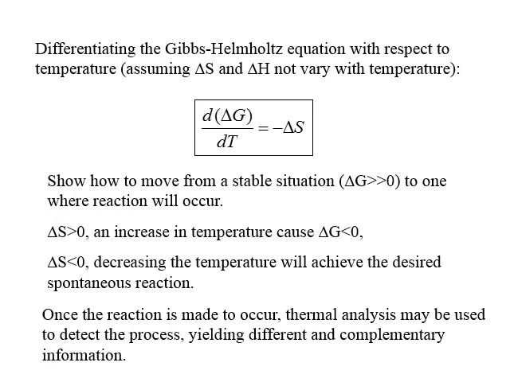Alternately, if delta S is less than 0, decreasing the temperature will achieve the desired spontaneous reaction, because then delta G will be less than 0. Once a reaction is made to occur, a thermal analysis may be used to detect the process and provide information on what is going on in that process.